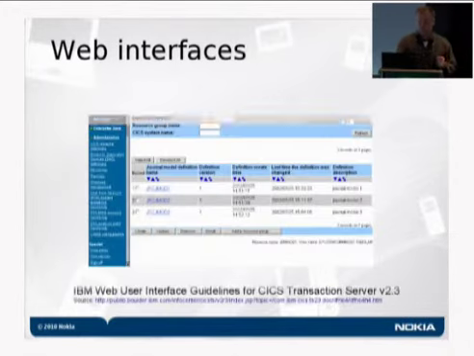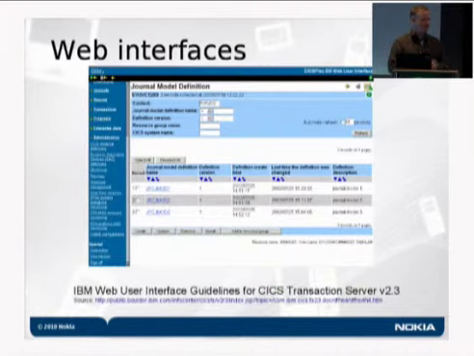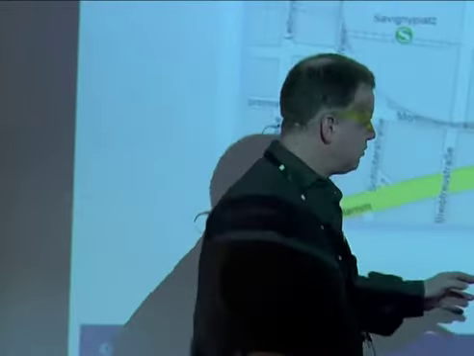But the thing is that the user interface is blazingly simple. It's not really easy to get anything good out of it. You have to work really hard to render a good user interface and user experience. So what has happened is that we try to fix the technology. We try to put in JavaScript, we try to use HTML in new ways, and we try to speed up the runtime environment.